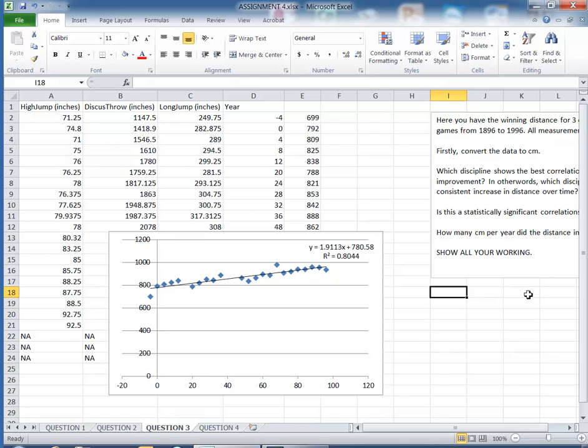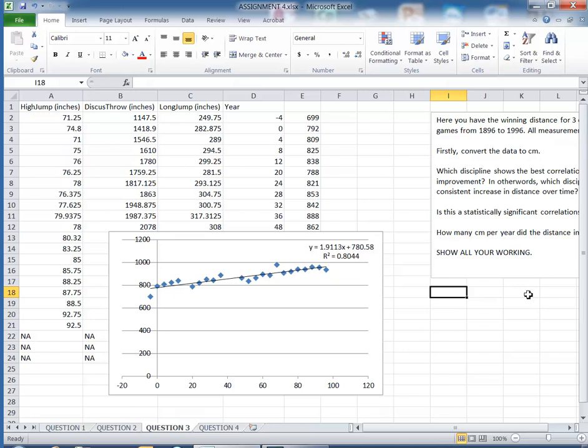So what this r squared is telling us is that 80.44% of the variation in the y variable can be explained by the x. Right, so there's 20% of the variation in distance jumped each year is explained by something other than the year. Right, so that's pretty strong. That's an amazingly strong relationship between distance and year held.